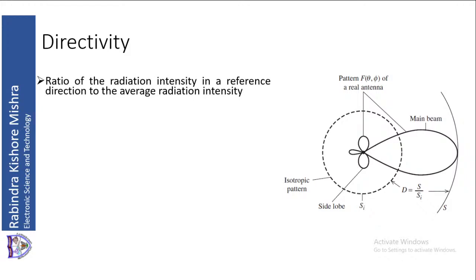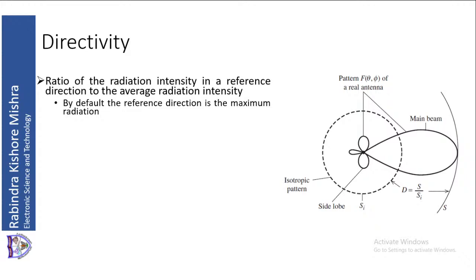Then you replace the antenna with another antenna which is an isotropic antenna, also radiating P watts. But the isotropic antenna is radiating P watts in all directions, while your practical antenna is radiating in a particular direction. Then we find the ratio of radiation intensity in a reference direction to the average radiation intensity which comes from the isotropic antenna. That will give you the directivity.